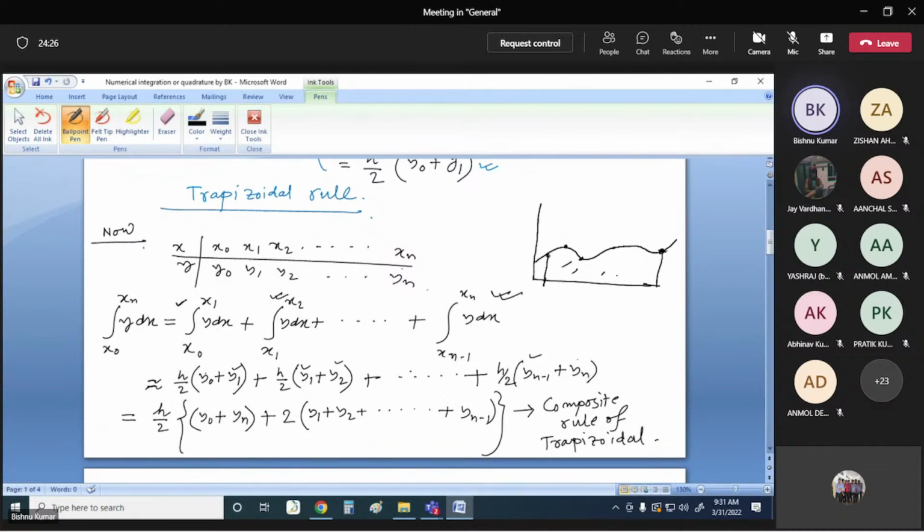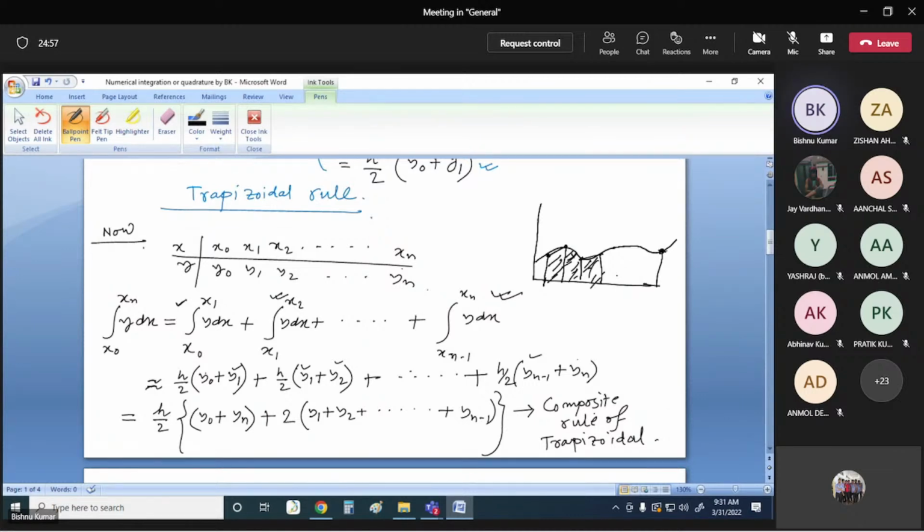In every subinterval, you are joining two points by a line and calculating a trapezium area, step by step in every subinterval, and adding them. The final value is the approximate result.